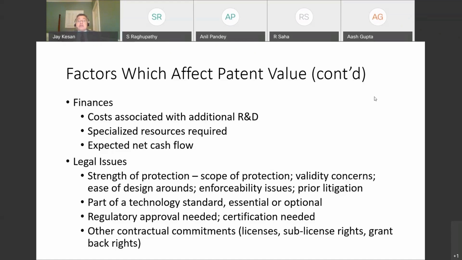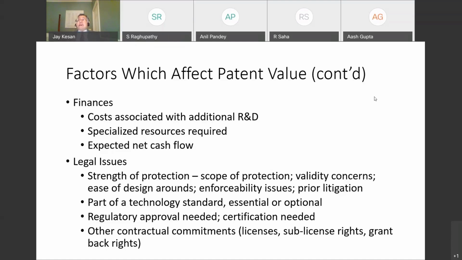The other piece that drives value is especially in areas where certain testing and certification has to be done so that you have to get certain approvals. It's particularly important in the life science of pharmaceuticals, where you may have to get Food and Drug Administration people to approve the drug or approve the medicine and so on.